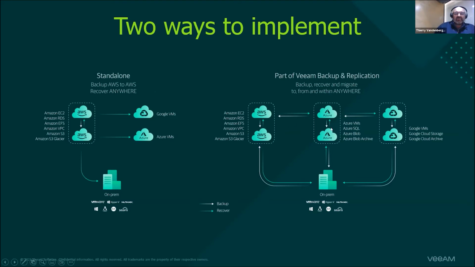The nicest thing, of course, is the one platform story, where you use Veeam Backup and Replication for your local instances, and then back up any instance in any cloud. Well, maybe not any cloud, but let's say the biggest players: Google, Azure, and AWS public clouds.